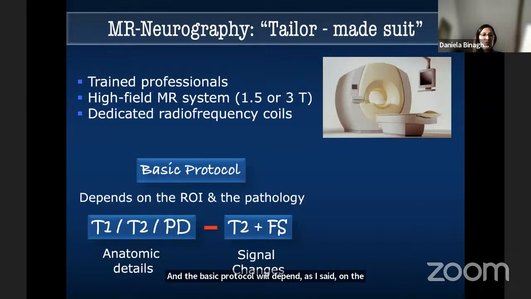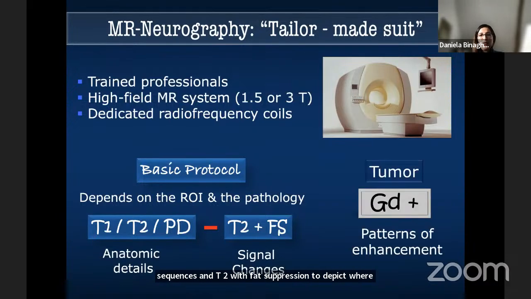So we will use T1, T2, and density, which are our anatomical sequences, and T2 with fat suppression to depict where the signal changes. When we suspect a tumor, we will always use gadolinium because there are many pathologies that look the same or quite the same without contrast media. Then when we inject gadolinium, they have different enhancement. So the pattern of enhancement is very important.